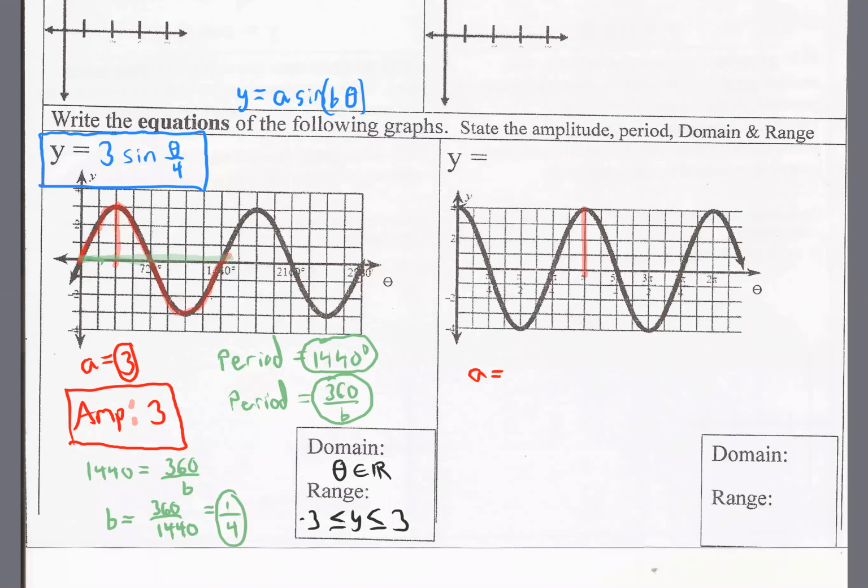Because it's a max, and then amplitude is absolute value of 4, which is 4. Please note these, in this lesson, are always the same, but starting next lesson today, they're not always going to be the same. So amplitude is 4.